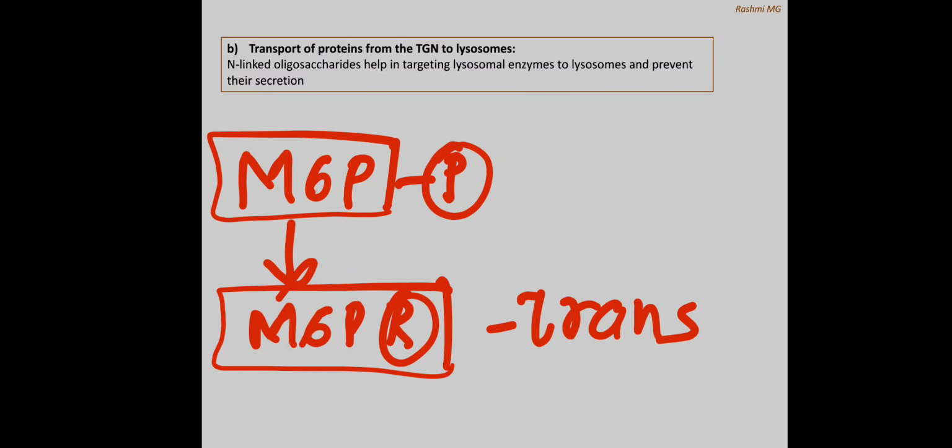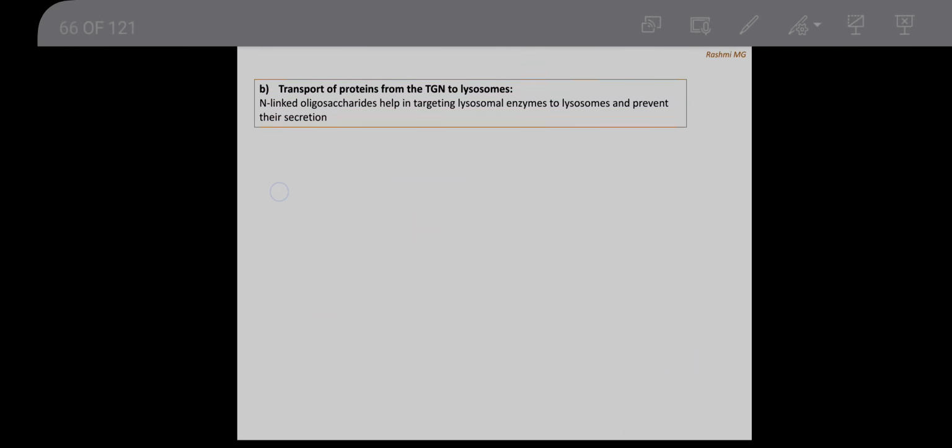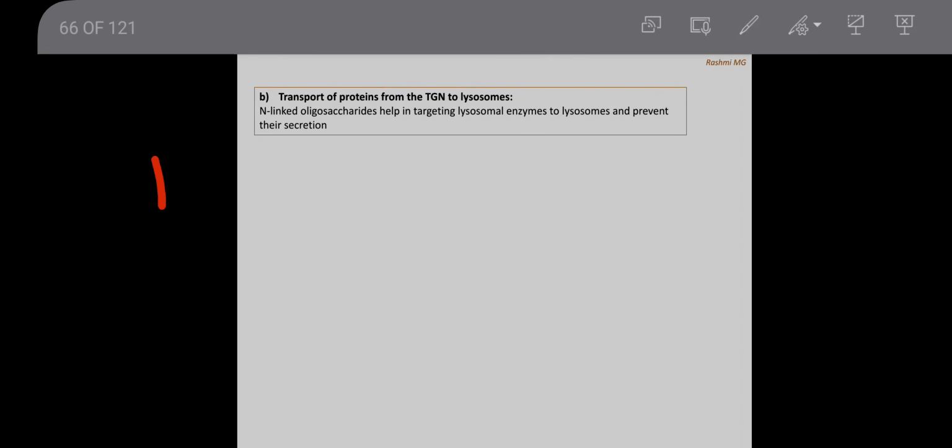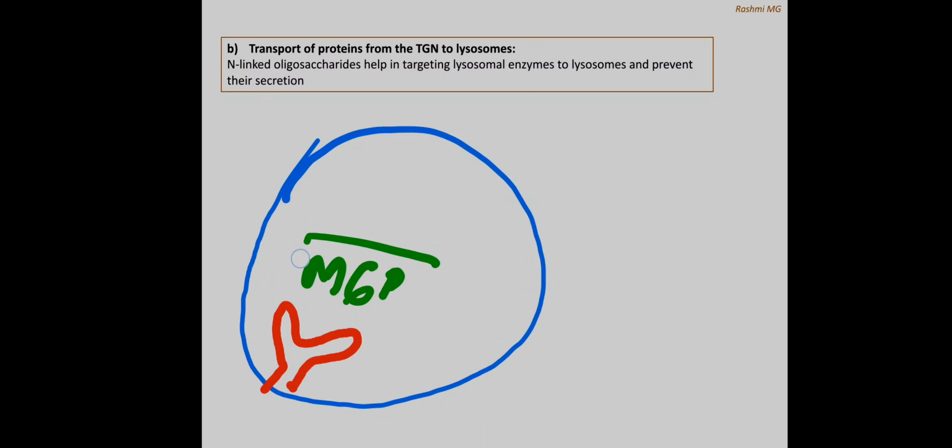There is a transport vesicle, which is a clathrin AP1 coated transport vesicle, inside which there is M6P receptor, to which M6P of the protein has attached.